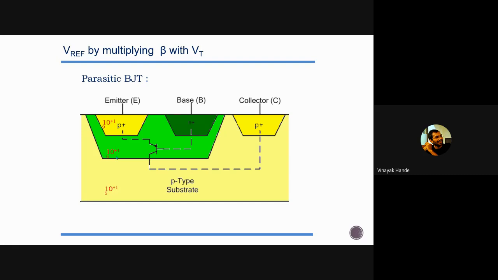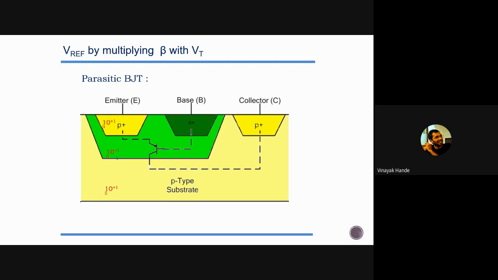And once you cross 10 raised to 15 or 10 raised to 16 kind of concentration level in a semiconductor, then you will come across the phenomenon called band gap narrowing, right? Band gap narrowing is nothing but, suppose it's silicon. If silicon is heavily doped with something, its band gap will not be 1.1 electron volt. It will be a little bit lesser than that.